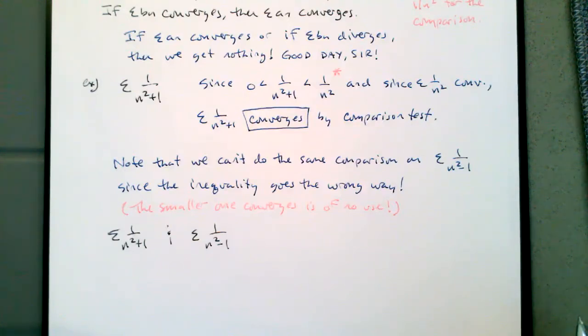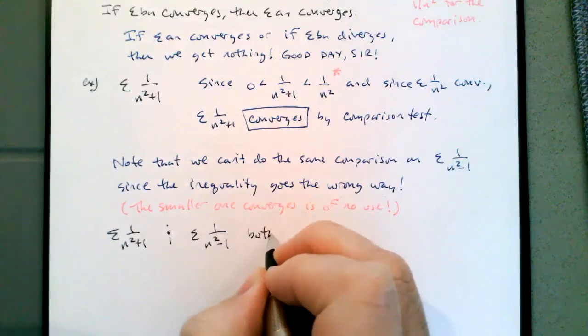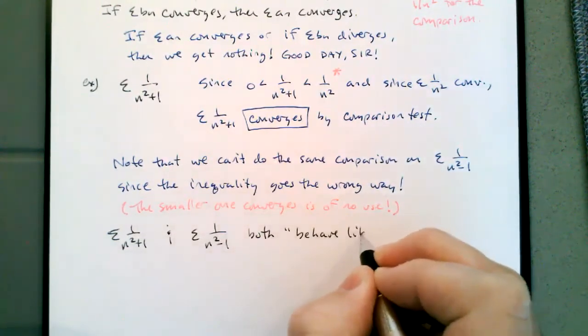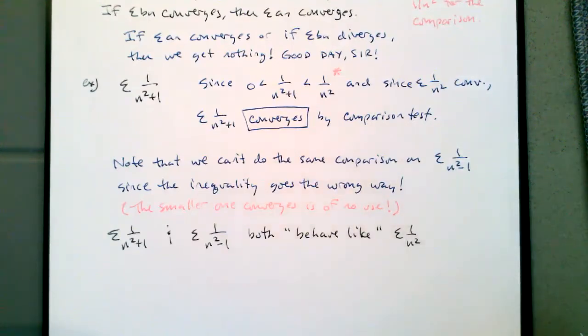That's why we make the 1 over n squared comparison. That's how we determine that these series converge. When we look at them, the plus 1 and the minus 1 don't matter. It's the 1 over n squared that is the key.